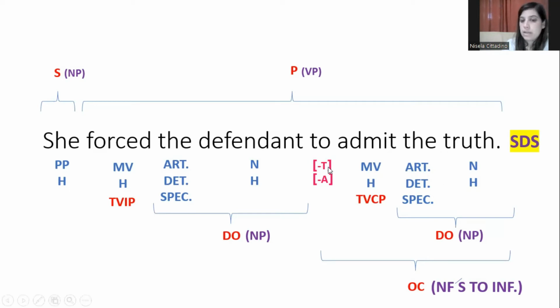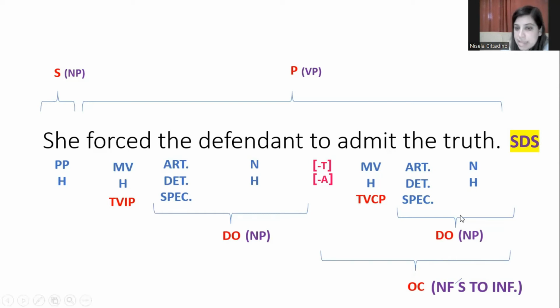To, we mark it like this: no tense, no agreement. Admit is the main verb and the head of the clause. Admit is also a transitive verb because it takes a direct object, of complete predication, because you don't need any other kind of information after the direct object. She forced the defendant to admit the truth. To admit what? The truth.